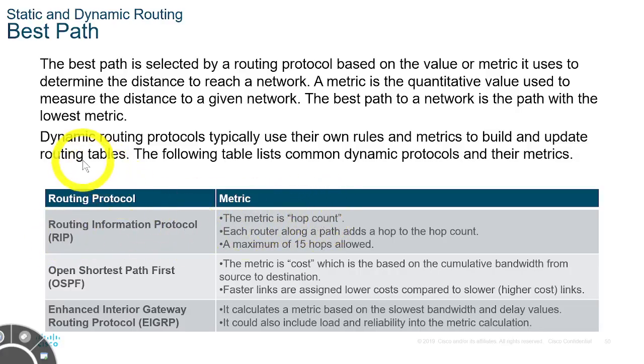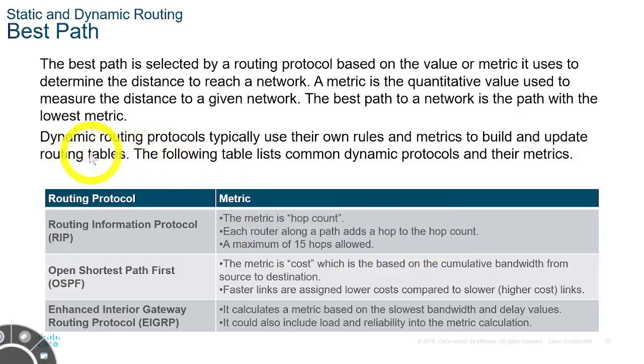So if R1 wants to forward information to PC3, it could have hop count 2 or it could have hop count 5. For sure, it should choose the path with hop count equal to 2. The metric is hop count. Each router along a path adds a hop to the hop count.